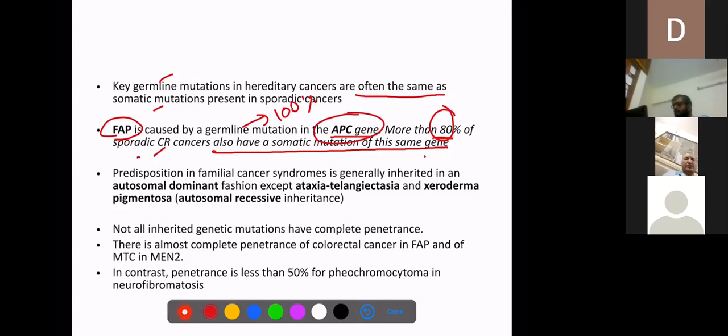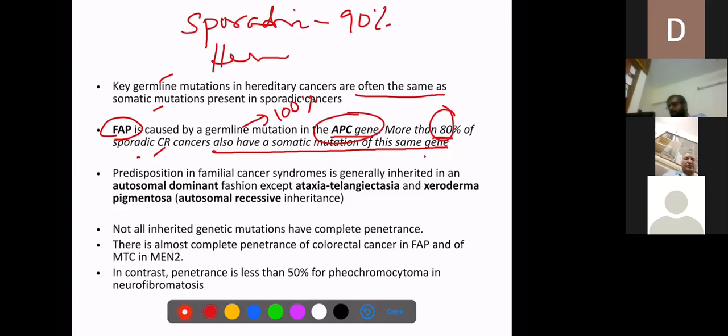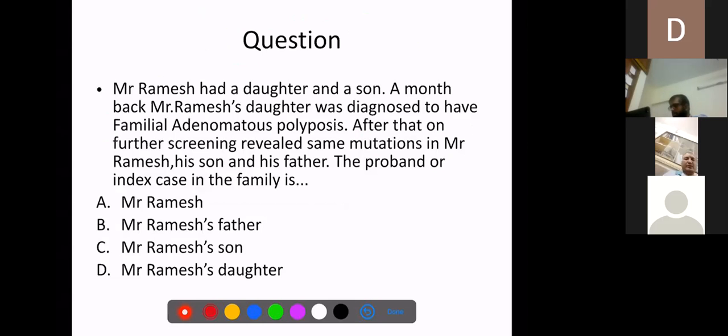But the same cancer can occur sporadically, and most often it does. For example, with colon cancer or breast cancer, 90% of the time it is going to be sporadic only. Only 5 to 10% of the time it is going to be hereditary.